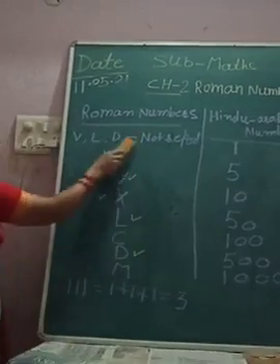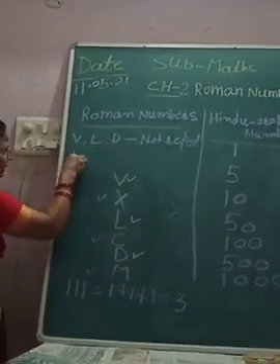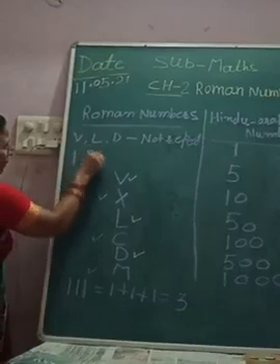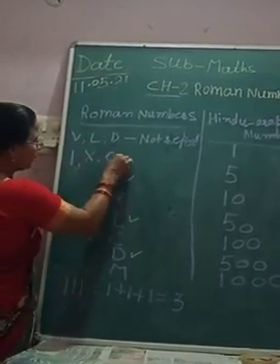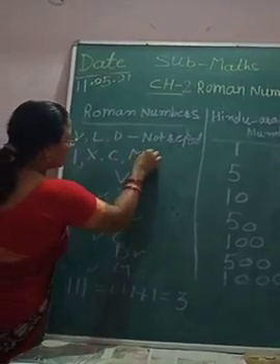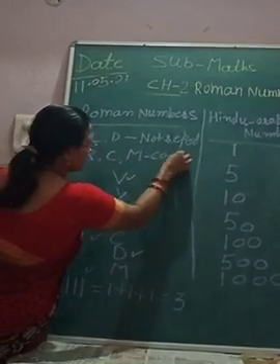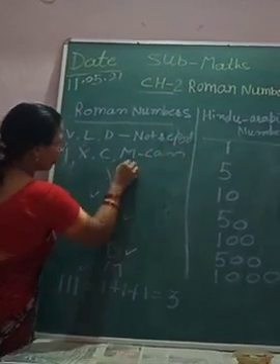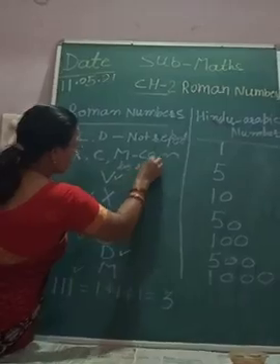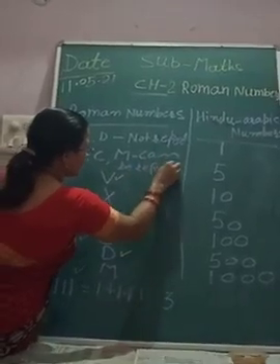After that, what is left? I, X, what is left? C and M. These can be repeated.